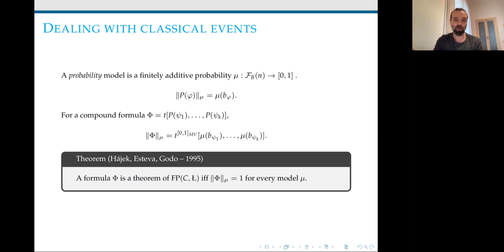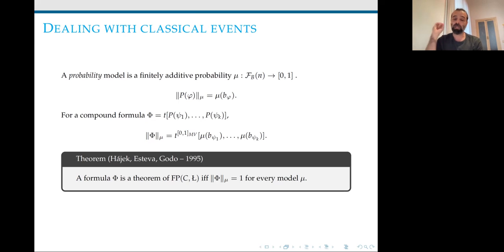If you have a compound formula, which we will write as a term T applied to these atomic modal formulas that act as variables, then you just use the truth functionality of Lukasiewicz logic to compute the truth value of the compound formula.